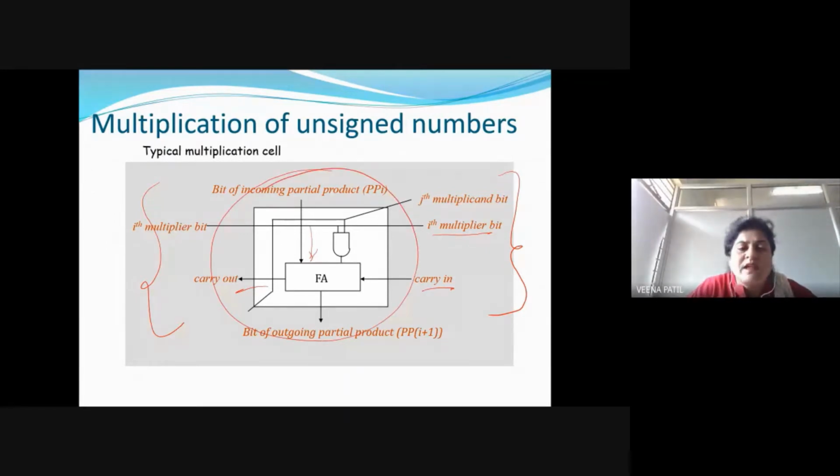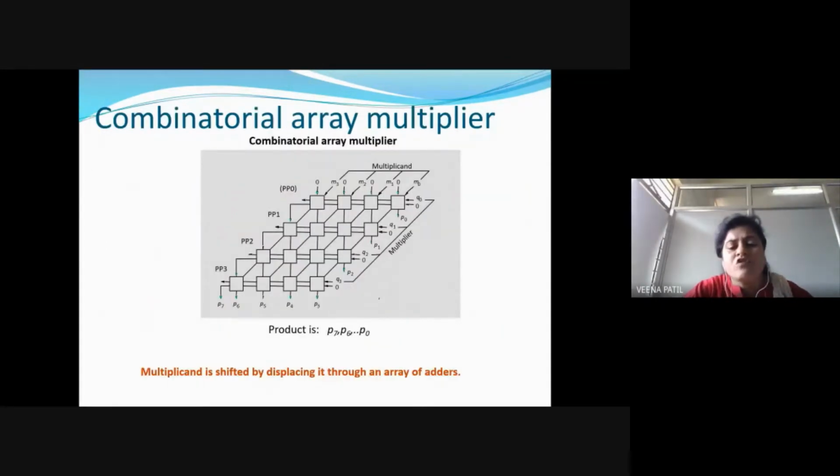Now such bit cells I use and I try to construct a multiplication circuit which I call a combinatorial array multiplier. Okay, so such cells, if I arrange them in this fashion as shown in the figure, wherein I will be giving the multiplicand's bits for the first stage of the partial product as the input.